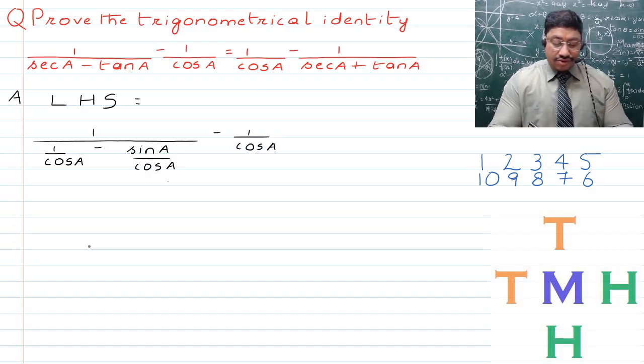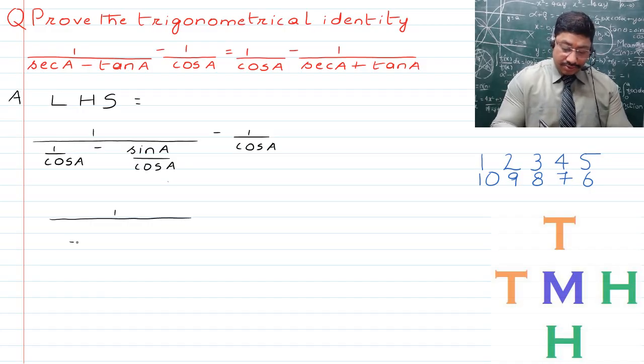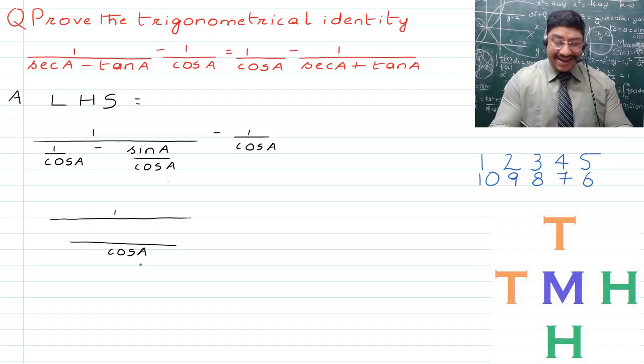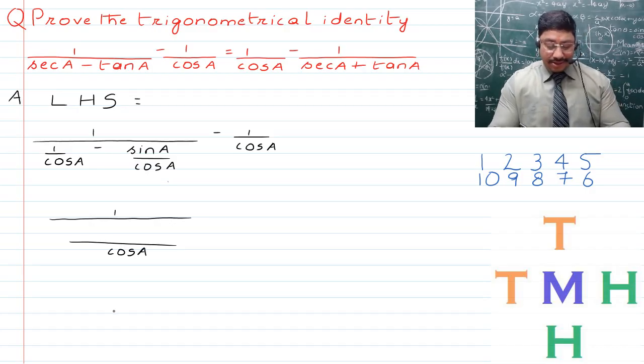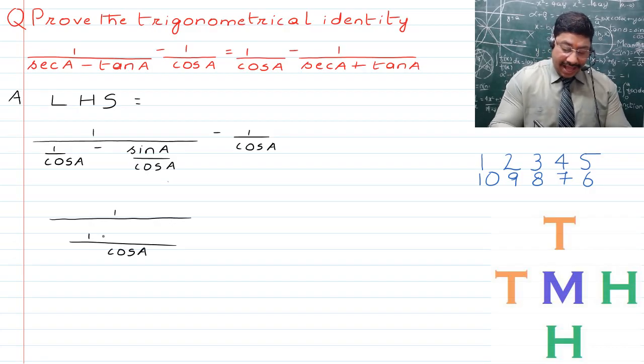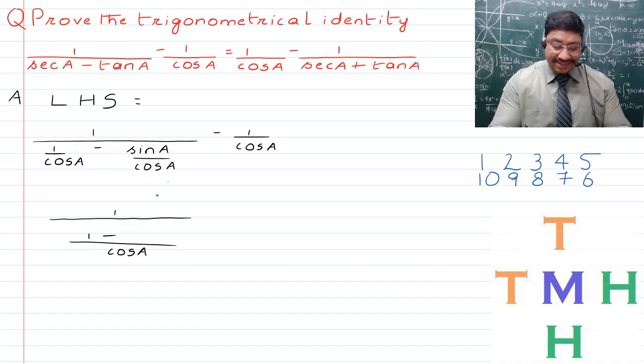Next, now children, as in the first term we have fractions, our task is going to be to take an LCM, right? And as such, this is going to become equal to cos A, which is the common denominator, and in the numerator, as both the denominators are exactly the same, we will have 1 minus sine A.